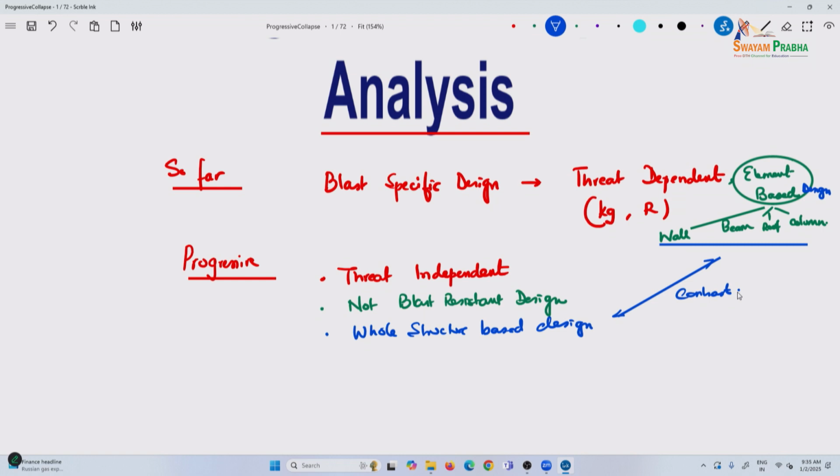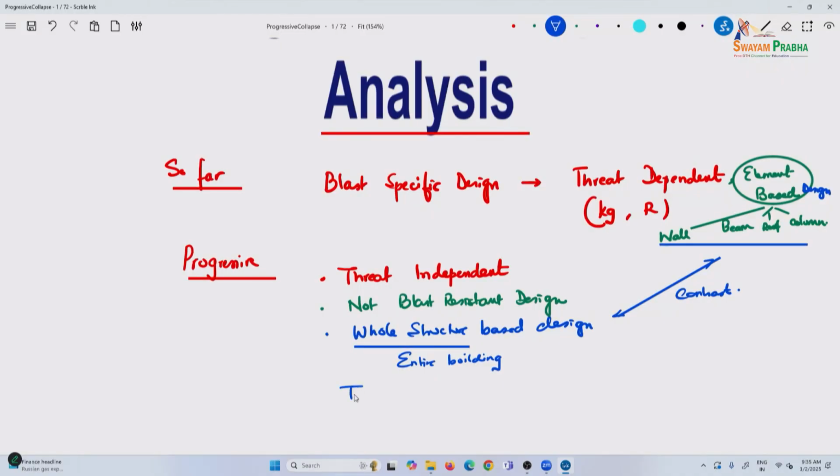The entire building is considered. And of course, you do enhance or add elements of reinforcement and other such things, but we don't call it protect. Mostly it is your regular structural analysis and design.